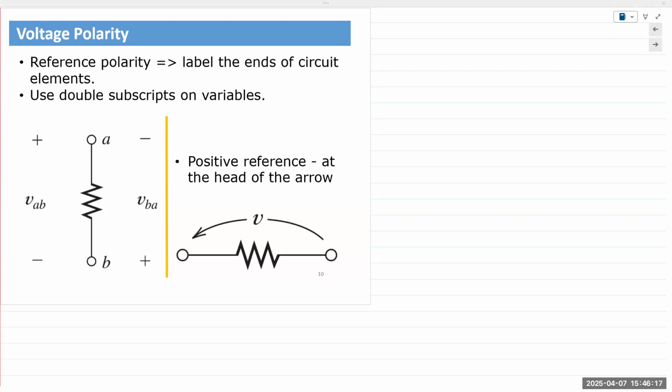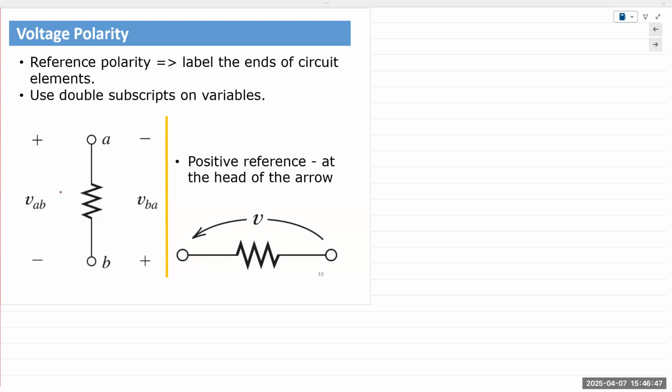So there must always be a reference point for measurement, right? It's the difference between two points. That means you are measuring the voltage at a point with reference to some other point. That's how you determine the difference. So the two subscript notation is used to indicate which one is the reference and which one is the measurement point.